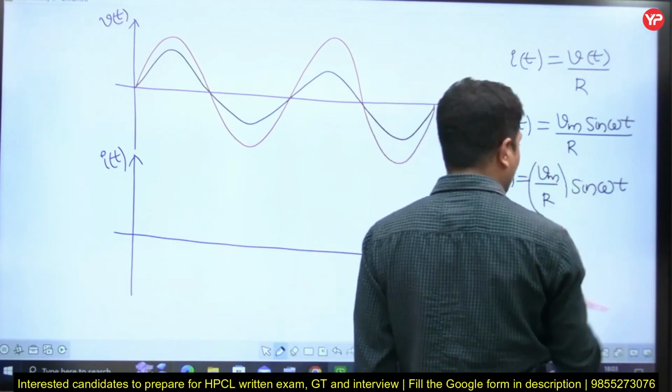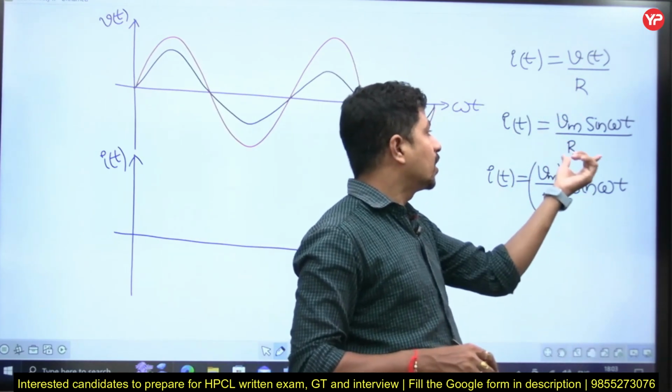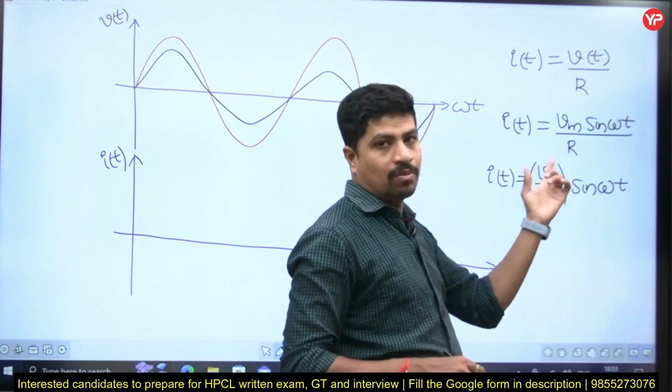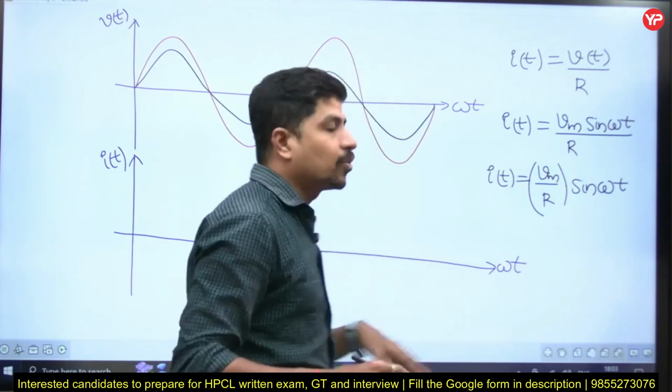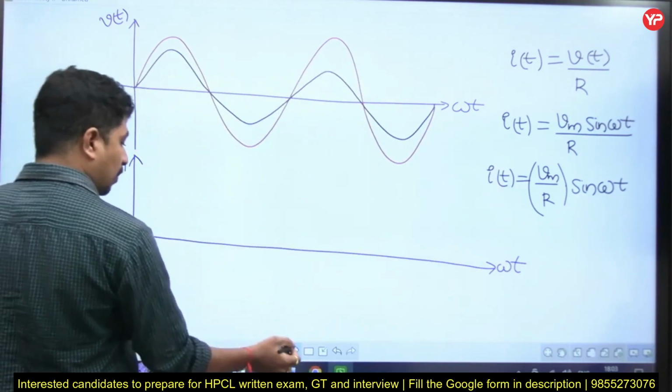This is the maximum value of current. This means the waveforms of current and voltage are exactly the same; the only difference is the magnitude. Now what is power? Let me take up power here.